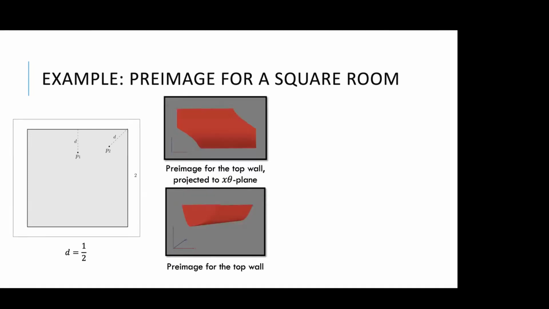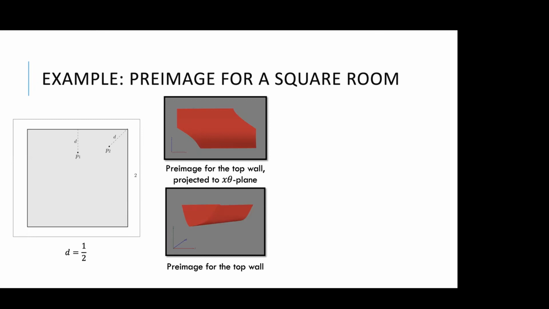And indeed, the bottom picture shows the sine graph that we have seen in the previous slide. But if we ignore the y value and just look at x and theta, now we cannot be everywhere. There are some points, for example like P2 in the drawing, where if we rotate even a little bit epsilon to the right, we'll see the right wall. So there's a cutoff of that patch of the ruled surface we have seen in the previous example.